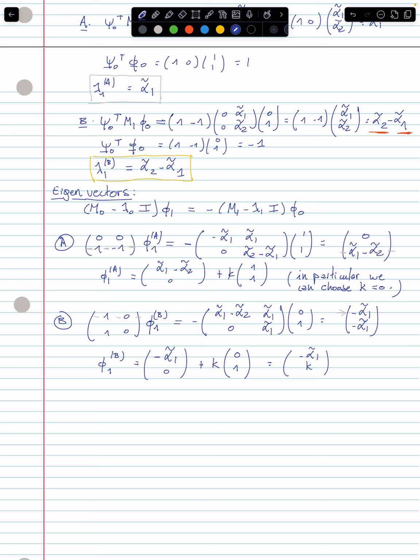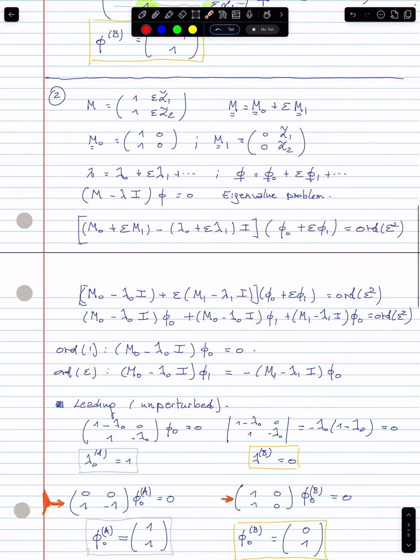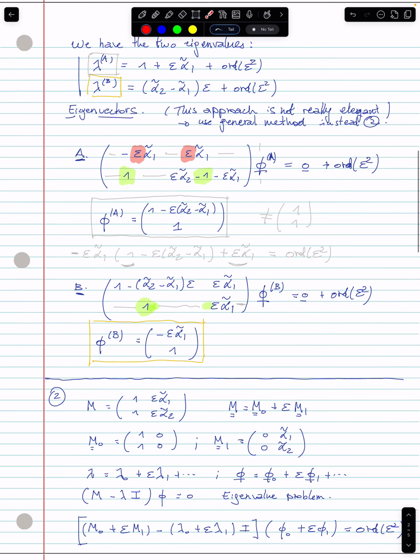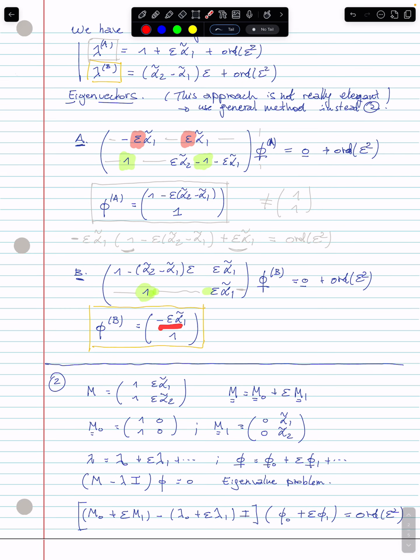In particular, we can choose k equal to 0, and if we do this, then this term disappears, and the first correction is minus alpha 1 tilde, which should be compared to minus alpha 1 tilde. All right, which is the same solution as the one we had with the generic approach.